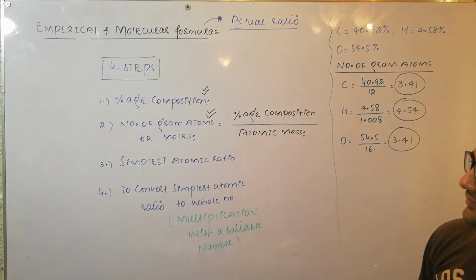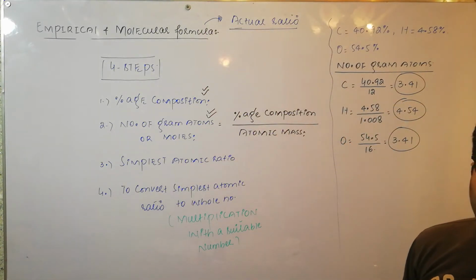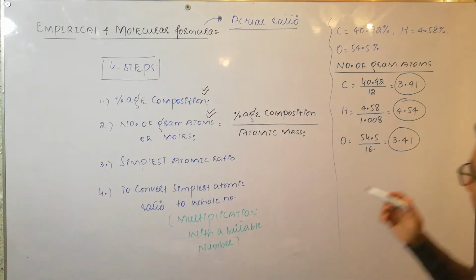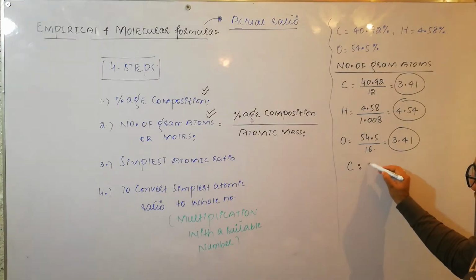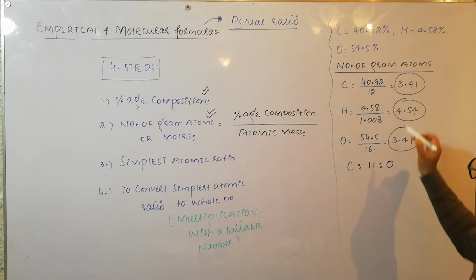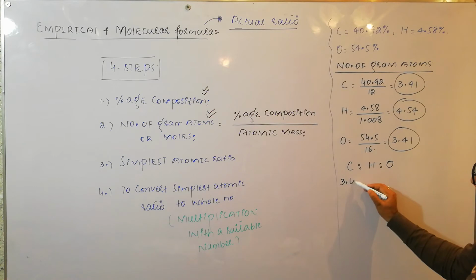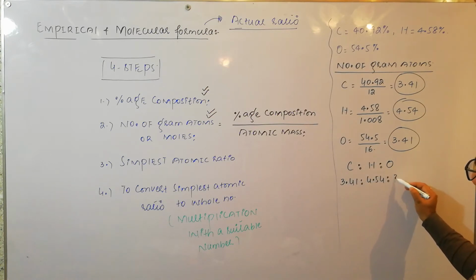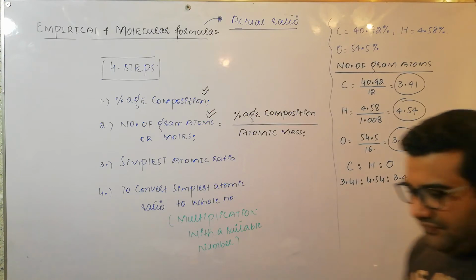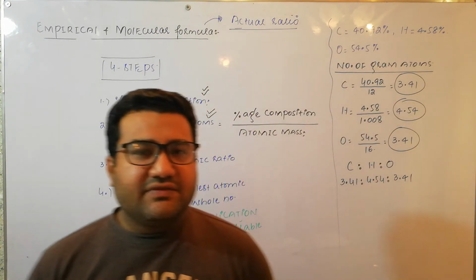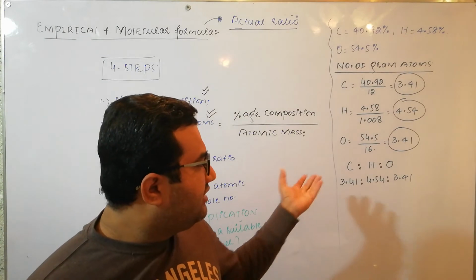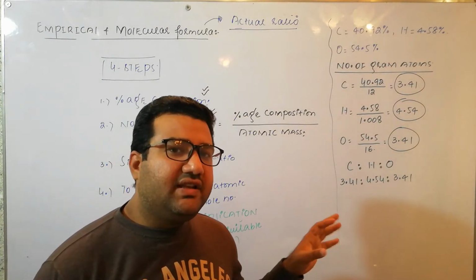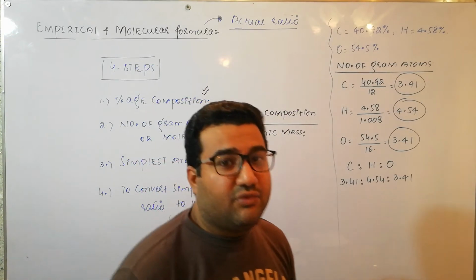Now the third step, find the simplest atomic ratio. And how can we find the simplest atomic ratio? The simplest way is to divide. Let's do it. Carbon, hydrogen and oxygen, the number of moles of carbon are 3.41, hydrogen 4.54 and oxygen 3.41. You are to look at the smallest value among these. I think that among these three values, the smallest value is 3.41, and all these values will be divided by the smallest value.